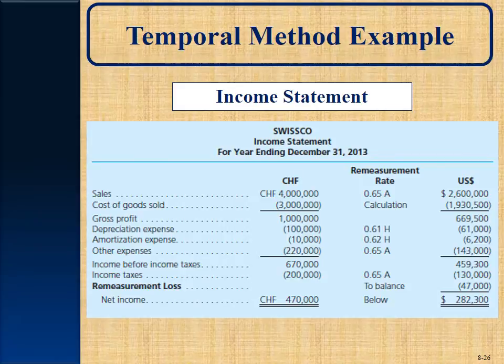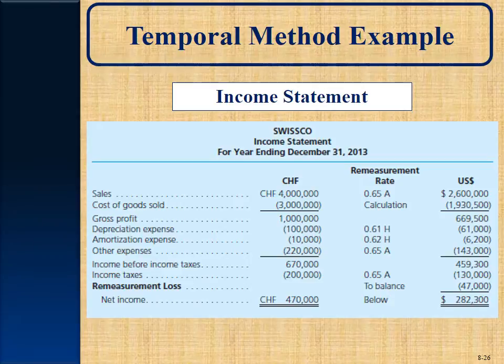Now if we just take that according to our conversion, 459,300 minus $130,000, our net income should be $329,300, but it can't be. Okay, we have to subtract from it what we need net income to be, $282,300.